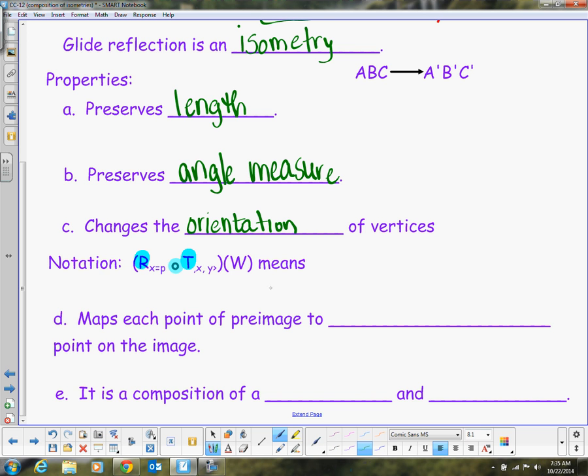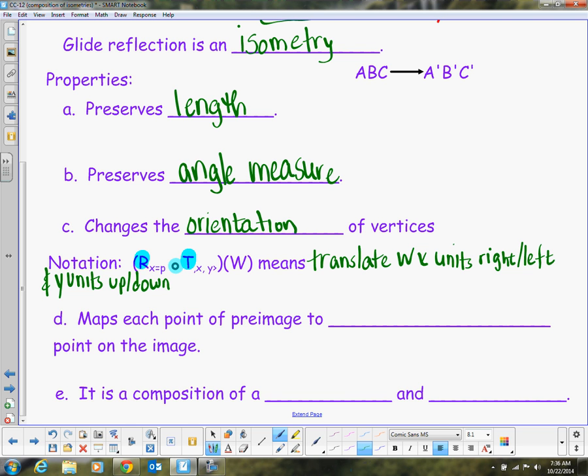What this means is translate W, X units in what direction? Right, left, depending on the positive, negativeness. And the Y means what? Up, down.